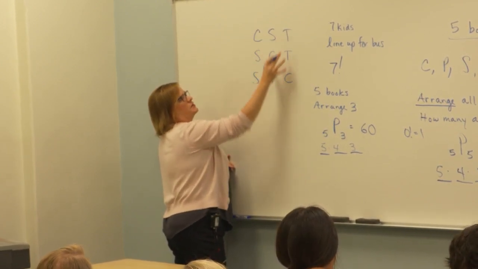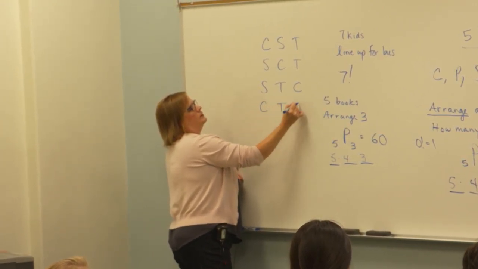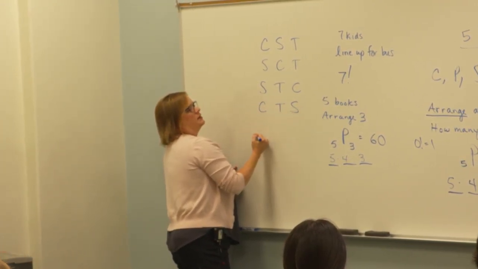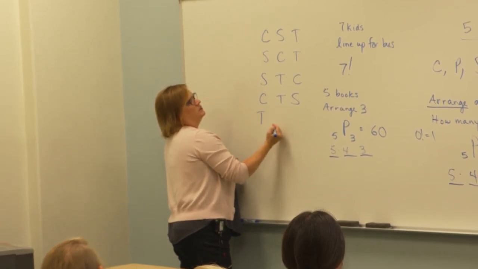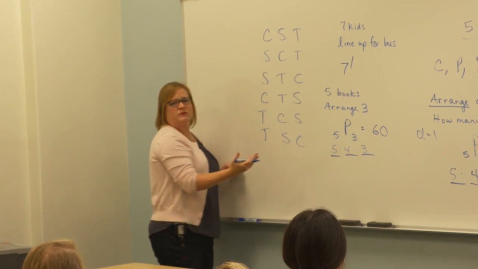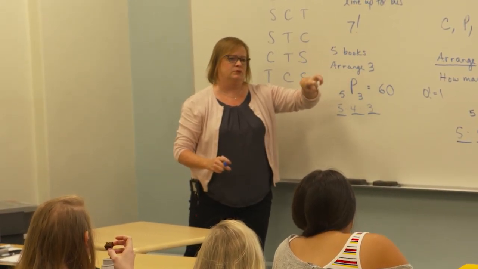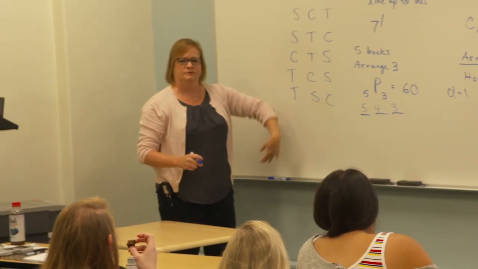How many arrangements of those 3 are there? There's 6 of them. So in those 60, not only is it picking out the 3, but it's permuting them.